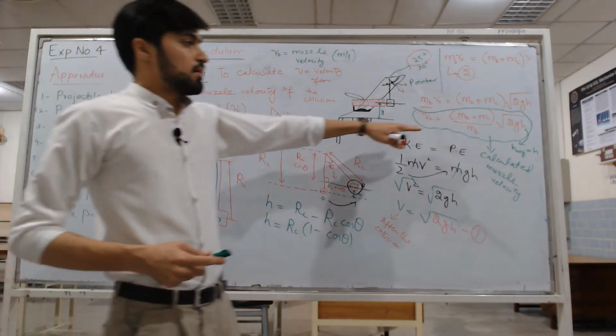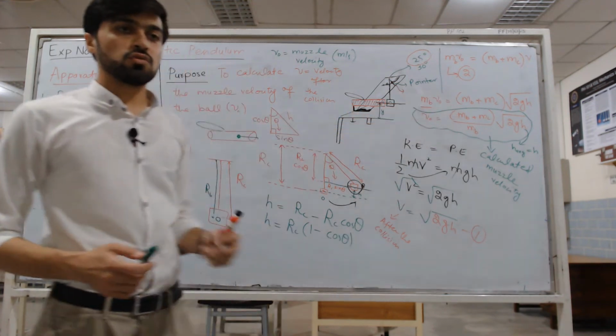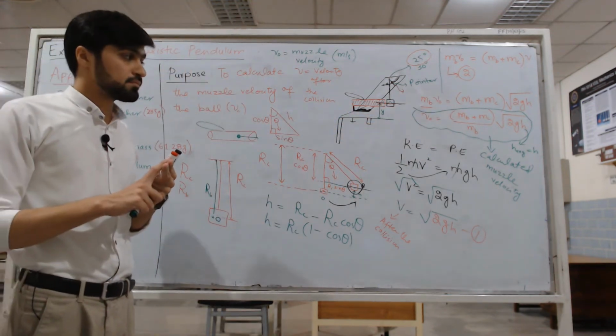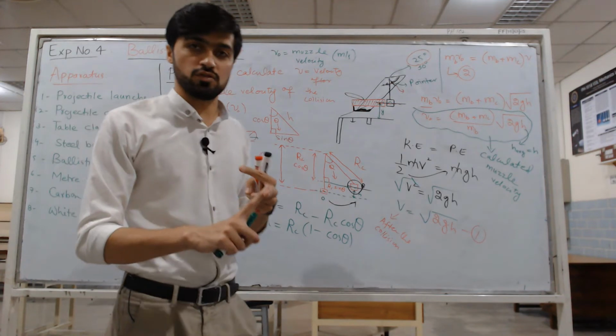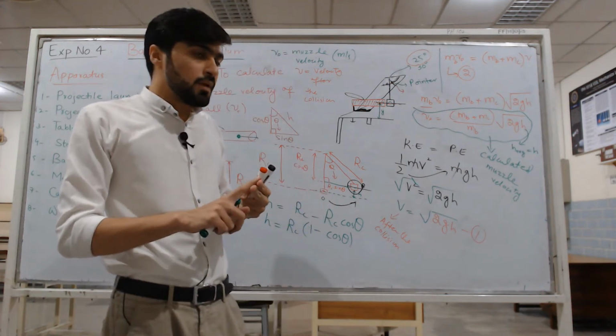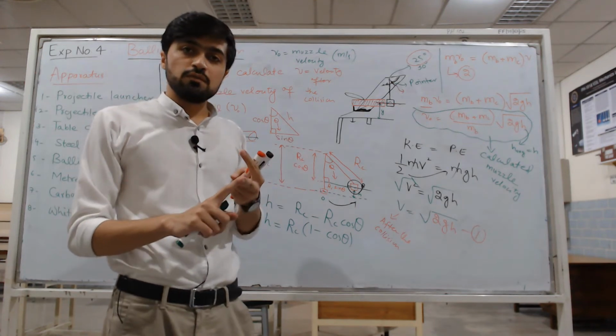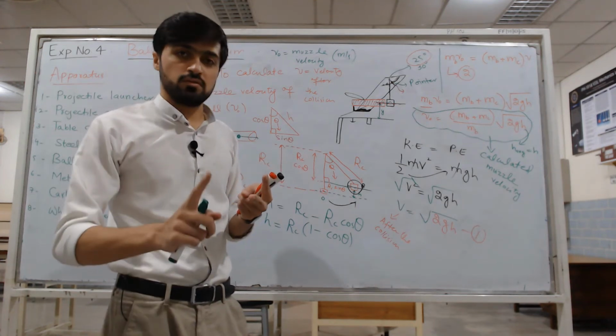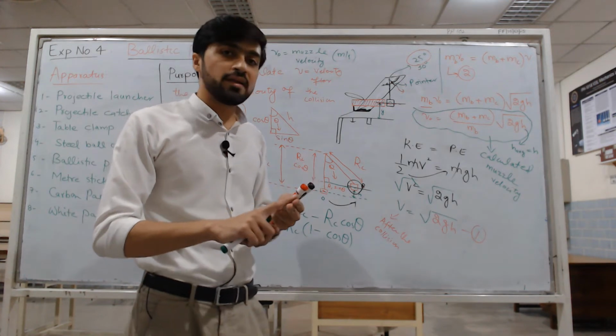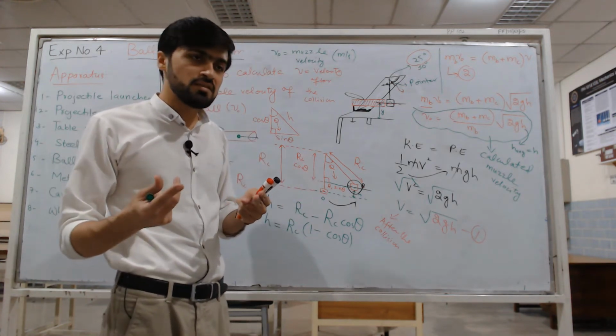So this is the calculated muzzle velocity. This experiment has two parts. First we will say muzzle velocity part 1, and then the calculated muzzle velocity. What does it mean?